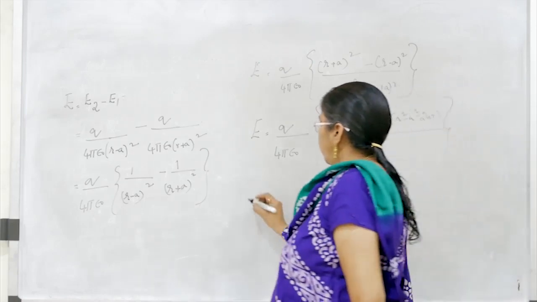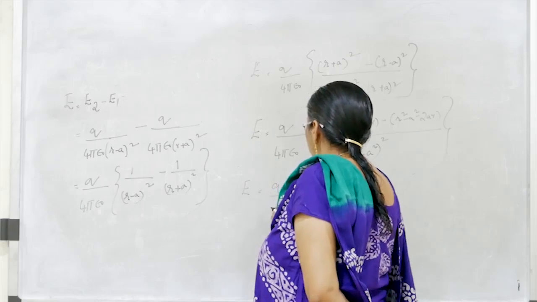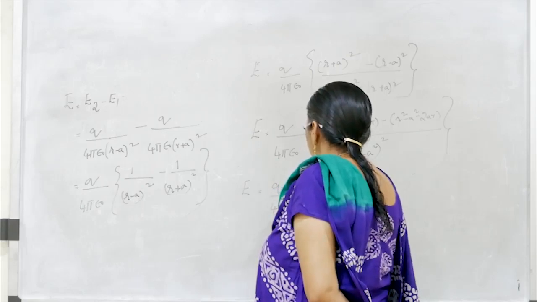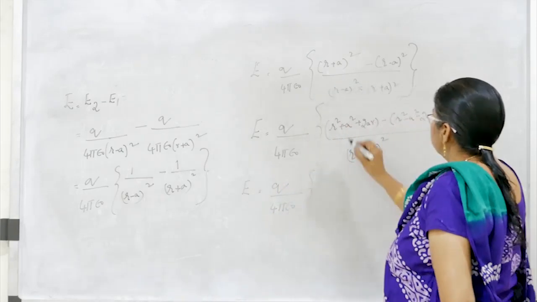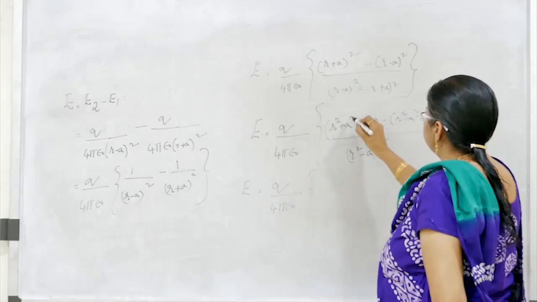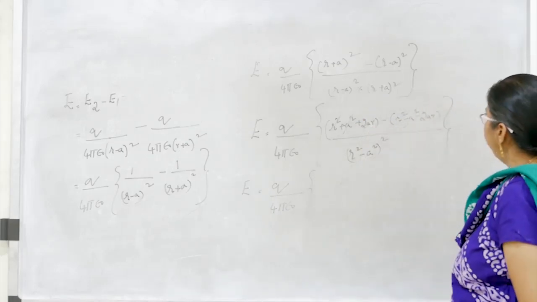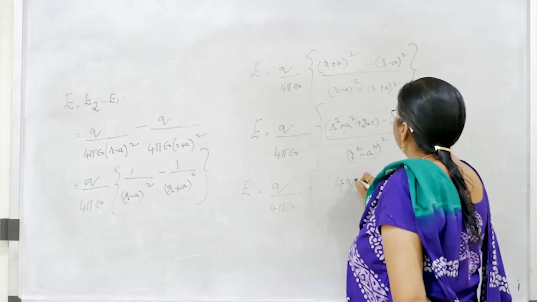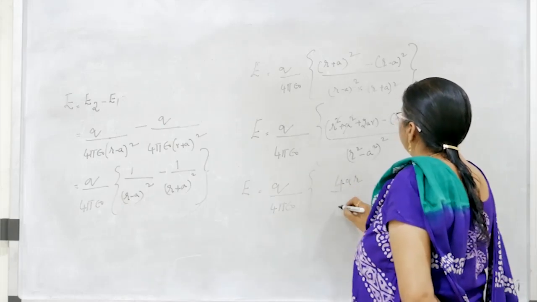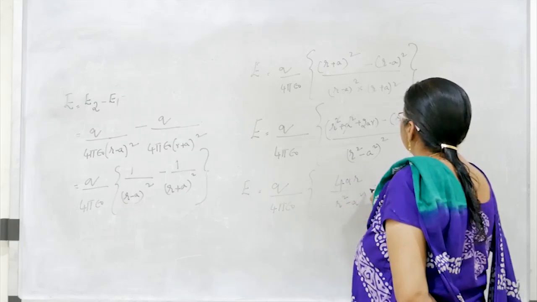So E is equal to q upon 4 pi epsilon 0 into, so this r square and this r square get cancelled, a square gets cancelled. So 2ar minus of minus 2ar gives 4ar by r square minus a square whole square.